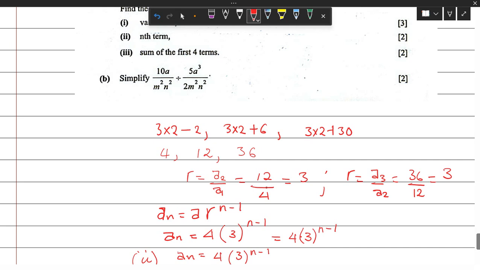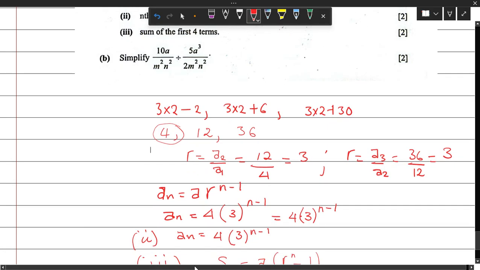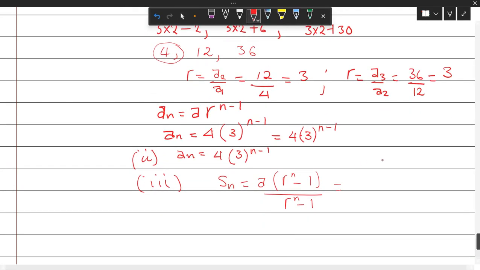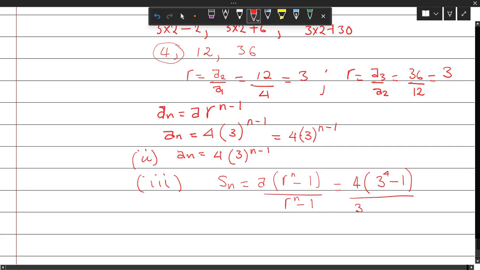This is our first term, which is 4. So we just substitute a is 4. Then open bracket. What is our common ratio? Our common ratio is 3. And they said the sum of the first 4, so n is 4. So 3 to the power 4, minus 1, over 3 minus 1.